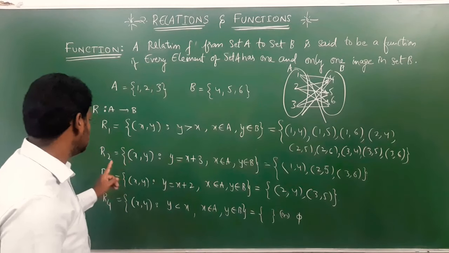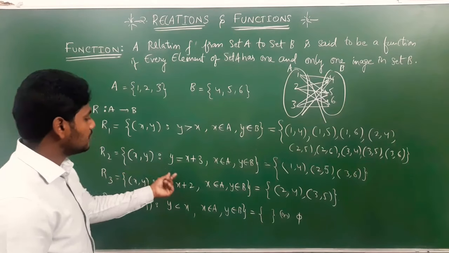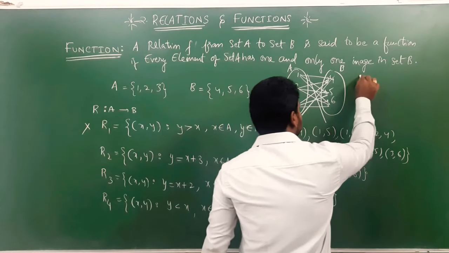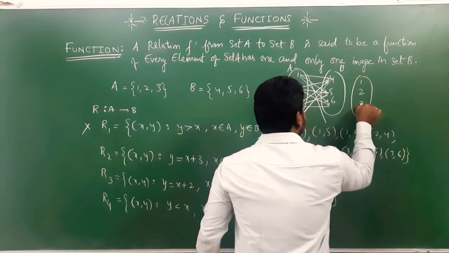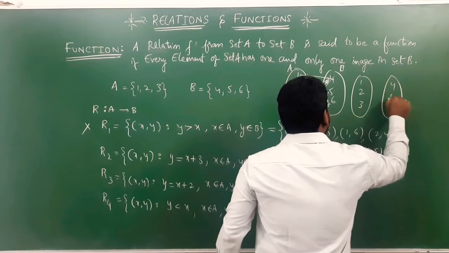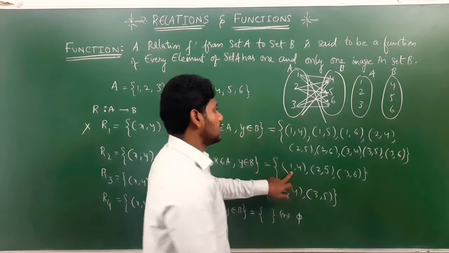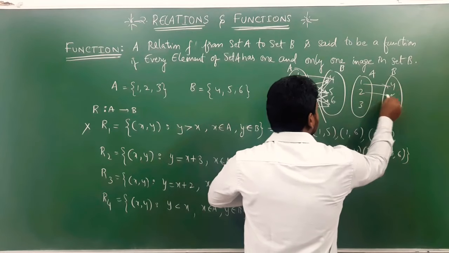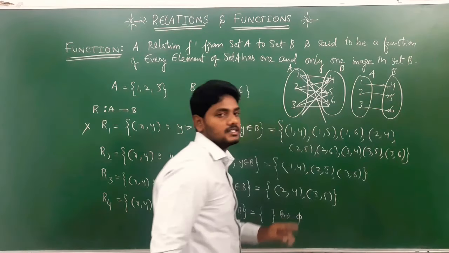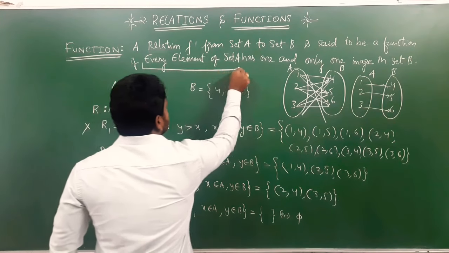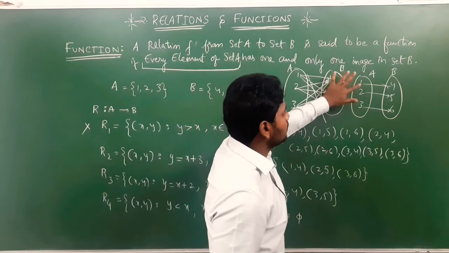Did you understand? Next, R2: the ordered pair (x, y) with y equal to x plus 3. From this what did we get? (1,4), (2,5), (3,6). Now see the definition.